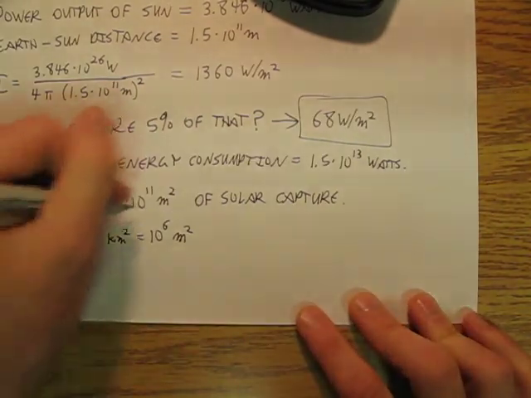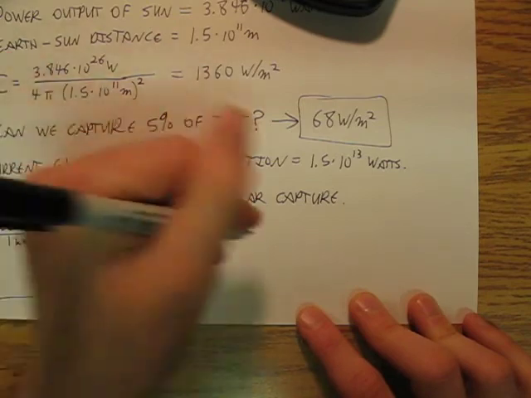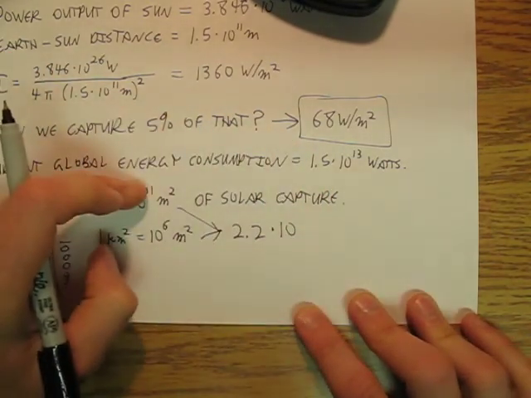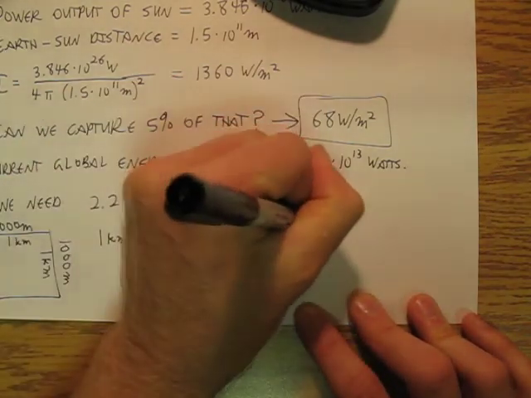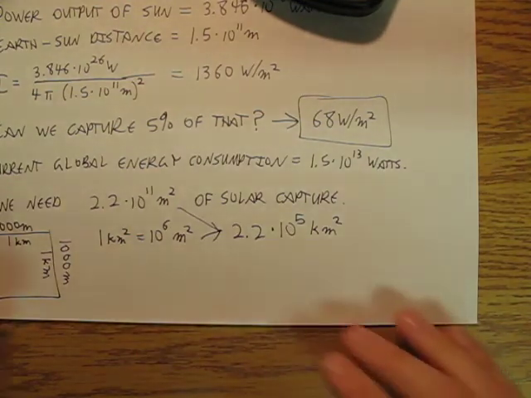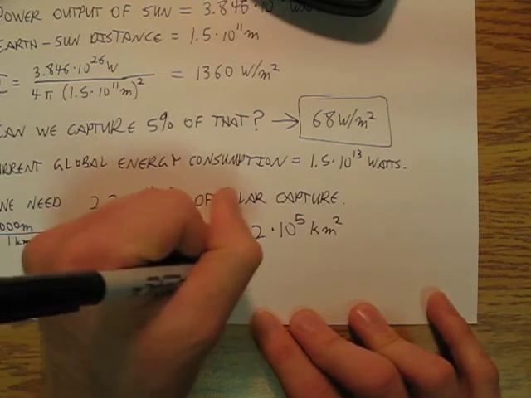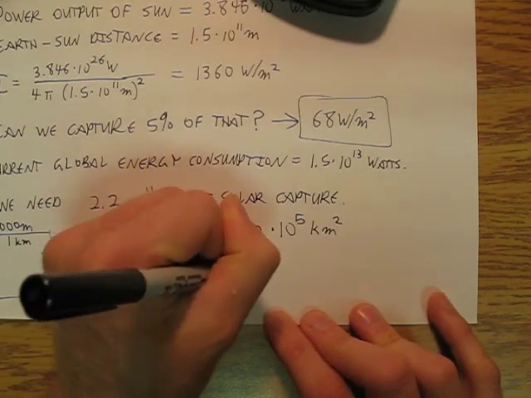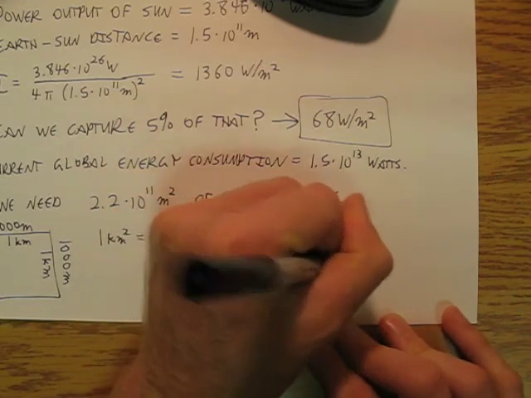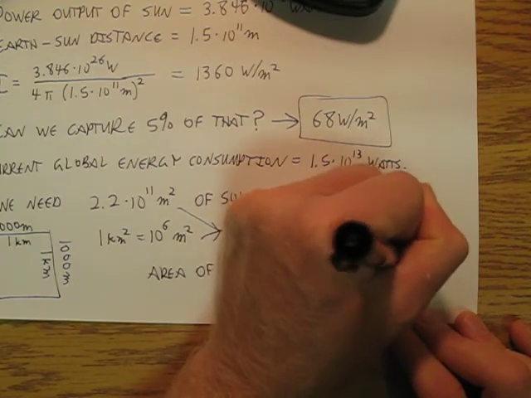So that means this becomes 2.2 times 10 to the 11 minus 6, which is 10 to the 5. And the area of New Mexico is approximately 3 times 10 to the 5th kilometers squared.